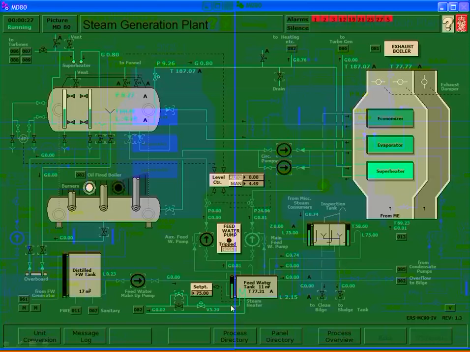Now, the other thing I want to point out is you notice that we're heating the feed tank. There's a specific reason for that. The water goes through the feed pump and into the economizer. The water coming into the economizer has to be above the sulfuric acid dew point.